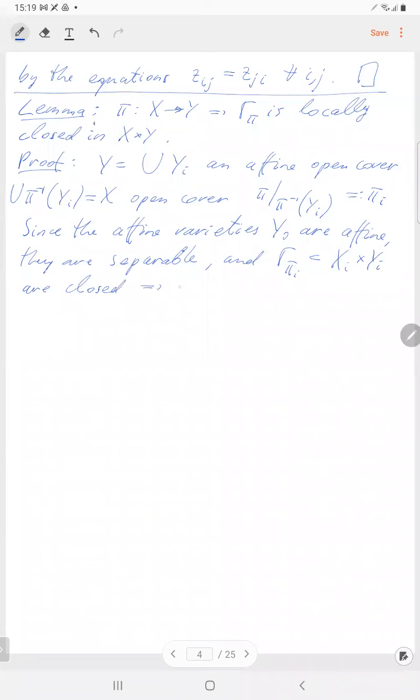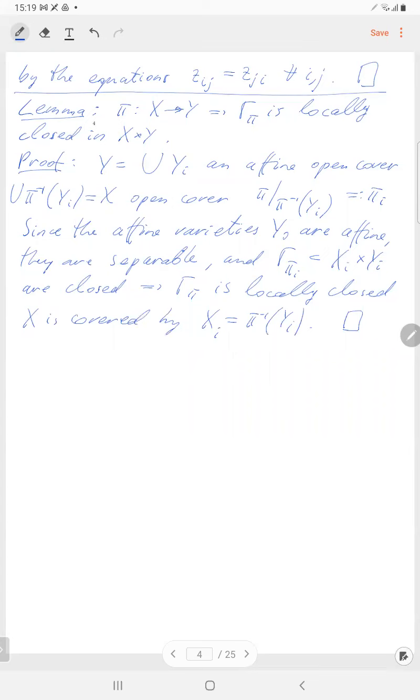Well, and this implies that gamma_pi is locally closed, because X is covered by X_i. Okay.